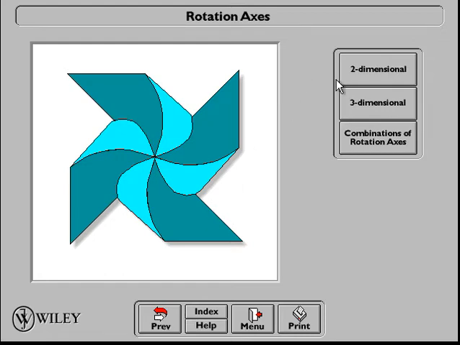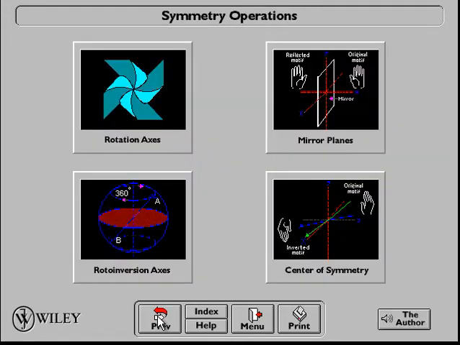So we have now discussed the 2-dimensional rotation axis, the 3-dimensional rotation axis, and the combination of the rotation axis. So that was the first point from our symmetry operations.